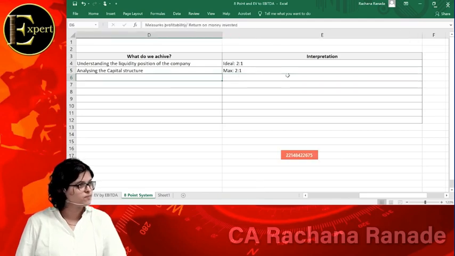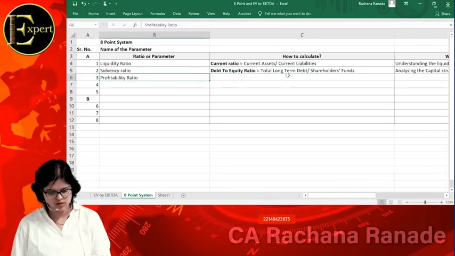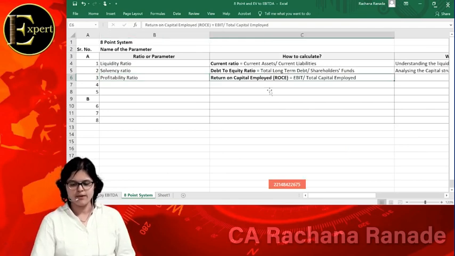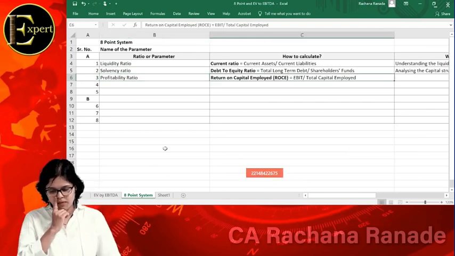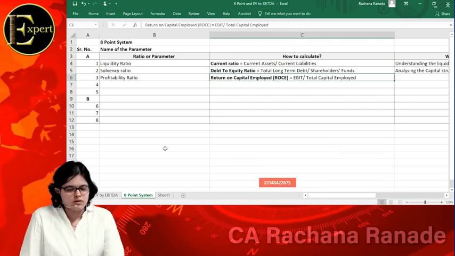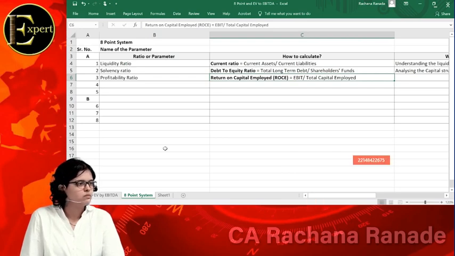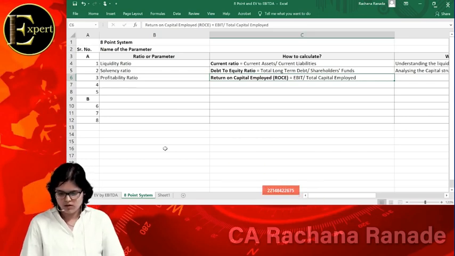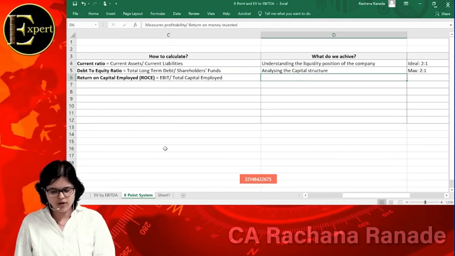Shall we move on? Yes, what is the third ratio now that we talked about? Profitability ratio. So the correct one is return on capital employed. For return on capital employed, what do we understand?